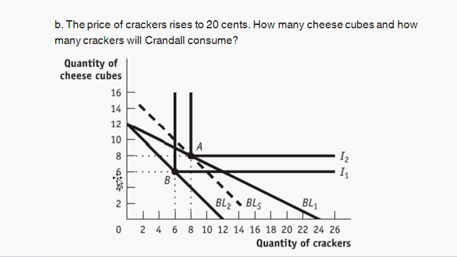So with $2.40, spending half of that, $1.20, on 6 cheese cubes, and $1.20 on 6 crackers, he's going to buy this point here where he maximizes his utility.